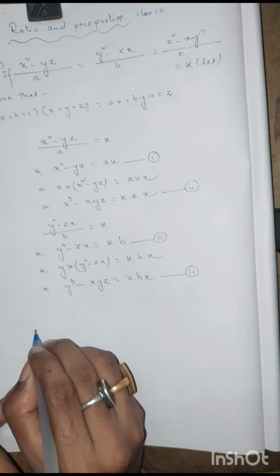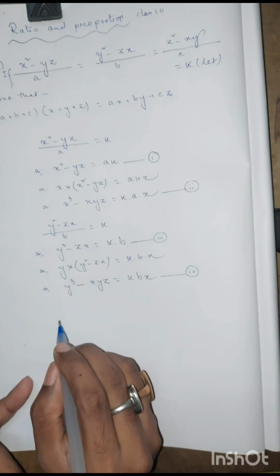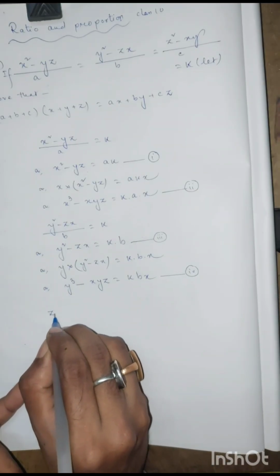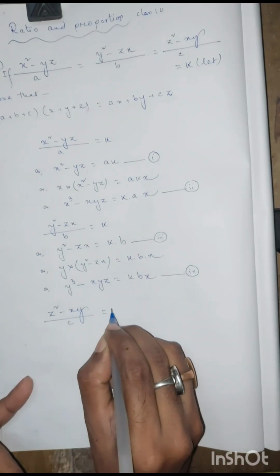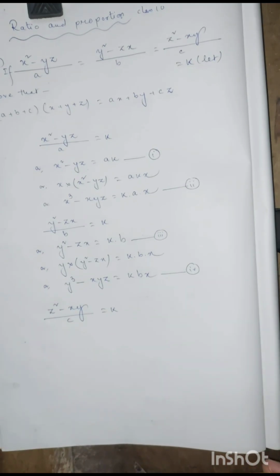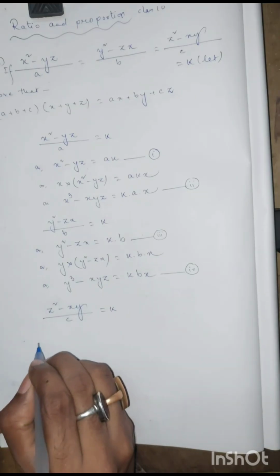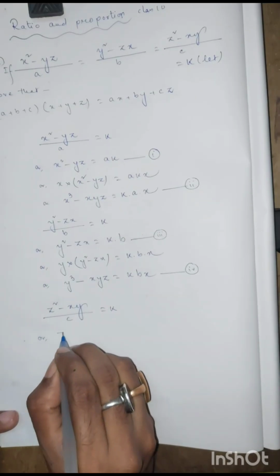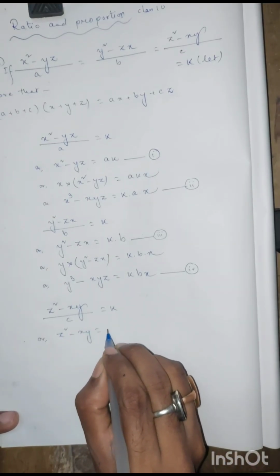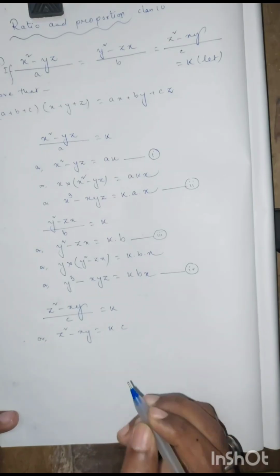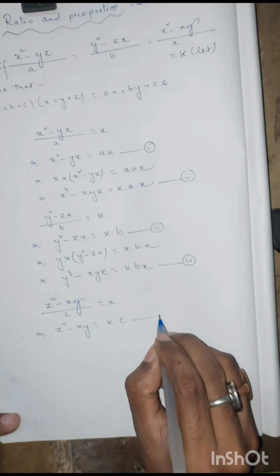Similarly, we can write z square minus xy is equal to k into c. Let us name this equation as equation number 5.